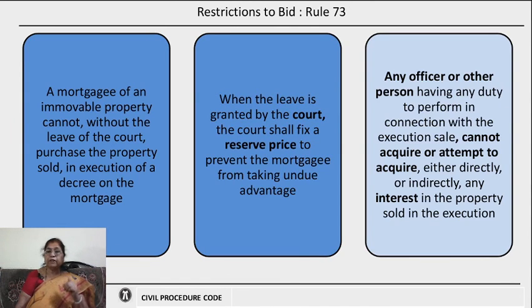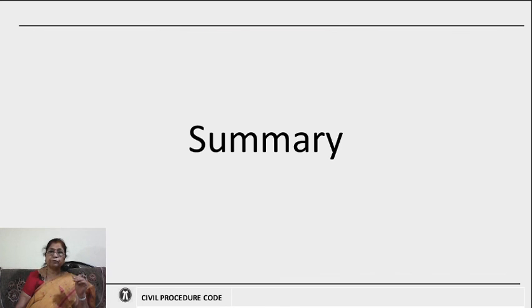Rule 73 says that any officer or any other person who has any duty to perform in connection with that sale in execution cannot attempt to acquire any interest, whether directly or indirectly, in that property. Suppose he does so, the court has a power to set aside that sale.